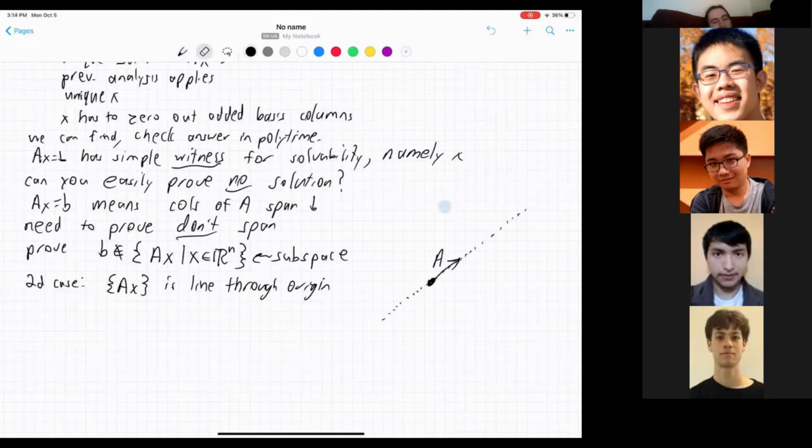Well, it means that B can be broken out into a component that is in the subspace and another component that is not in the subspace, right? And because B is not in the subspace, it tells us that the component that is perpendicular to the subspace is not 0.